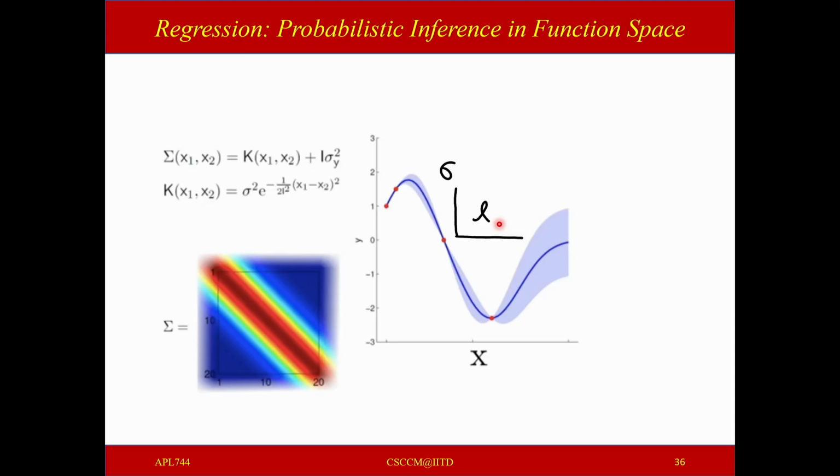So in a Gaussian distribution, what are the parameters? 1D Gaussian distribution. Mean and variance. What is the dimension of mean? 1. What is the dimension of variance? 1. In 2D, what are the parameters? Mean vector and covariance matrix.